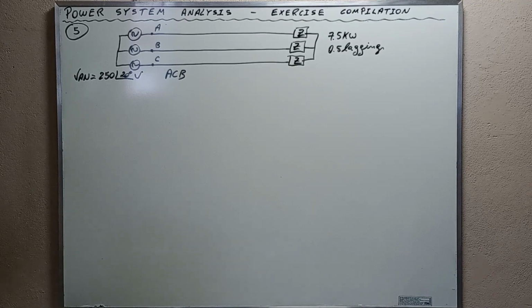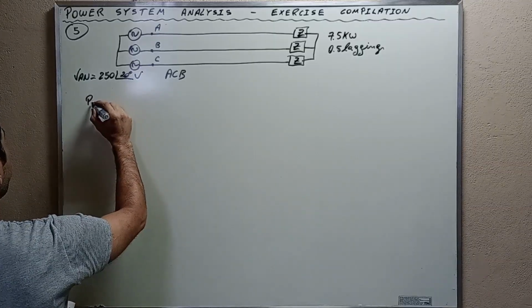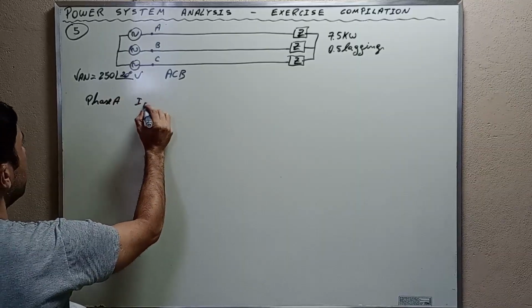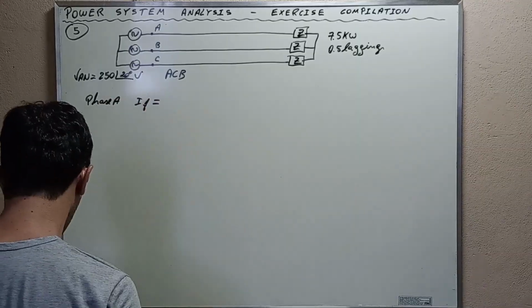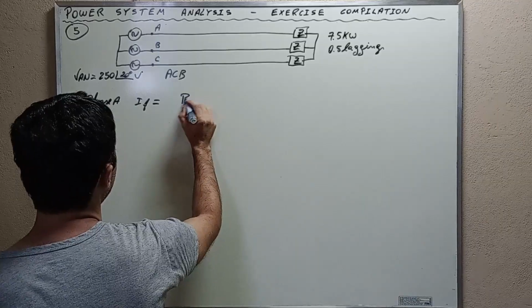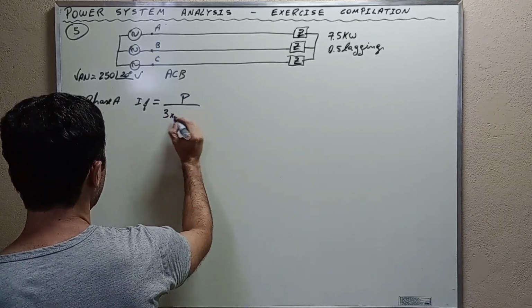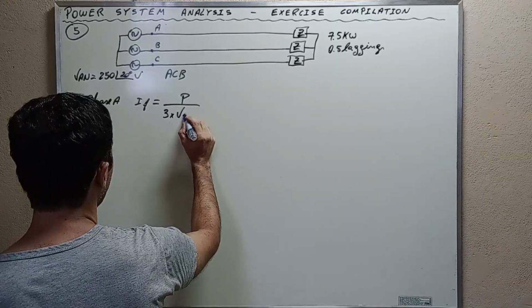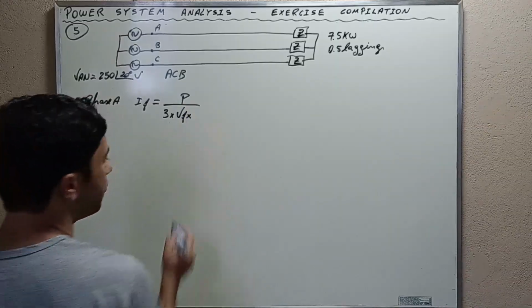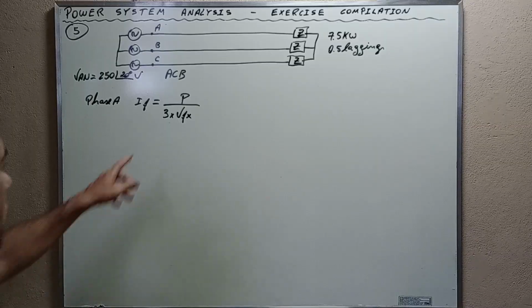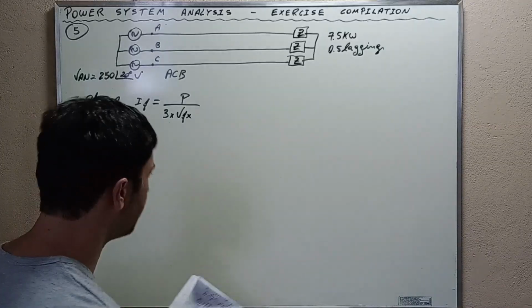For phase A, the phase current can be calculated as the power divided by 3 times the phase voltage times the power factor.